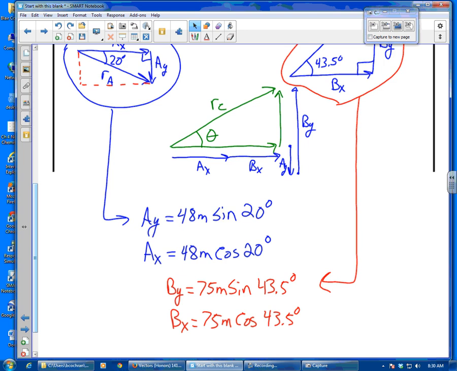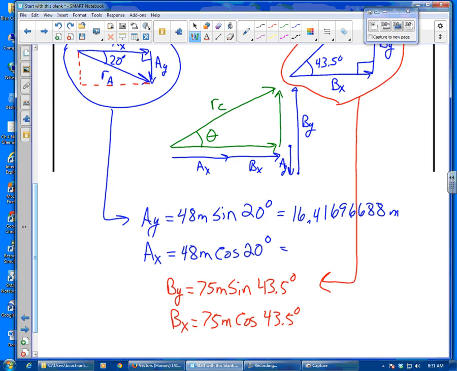All right, so now I'm going to add up. Well, probably do values. 48 sine 20, so for AY, I get a value of 16.41696688 meters.